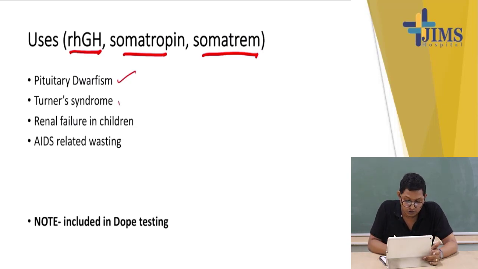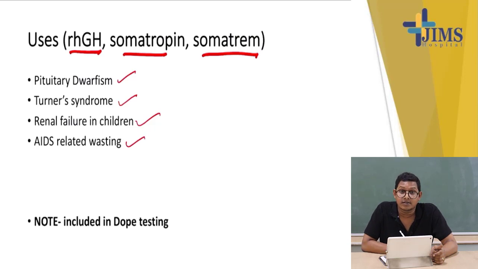They are also used in Turner syndrome and in renal failure seen in children. Growth hormone is used in AIDS related wasting but not in critically ill and cancer patients. So, only in AIDS related wasting.